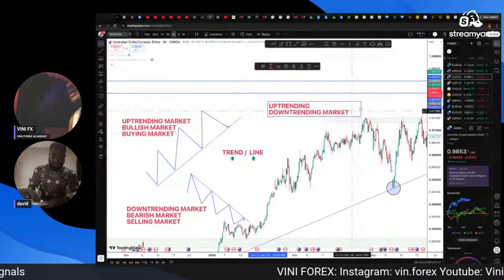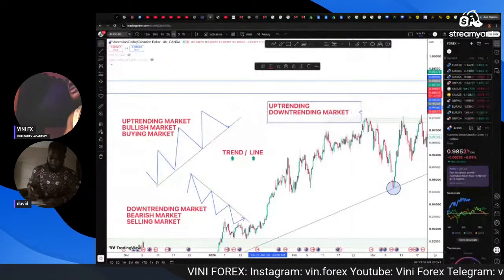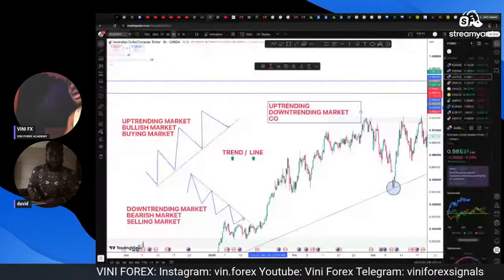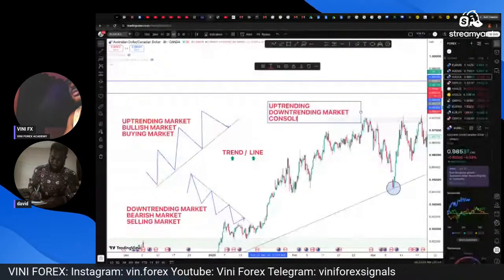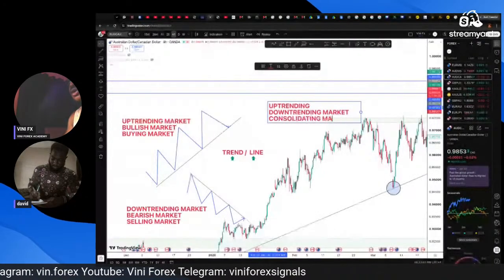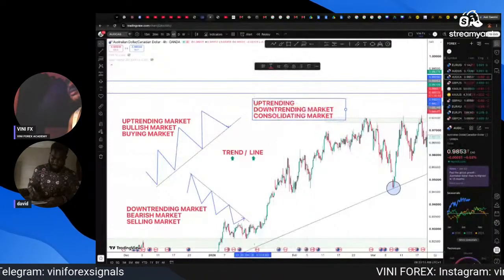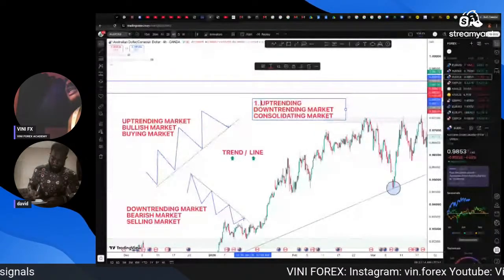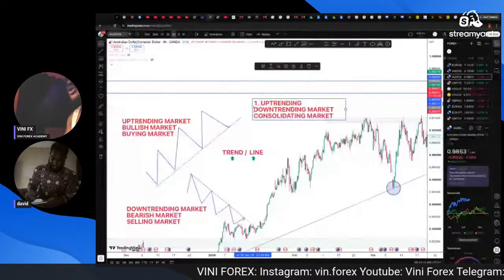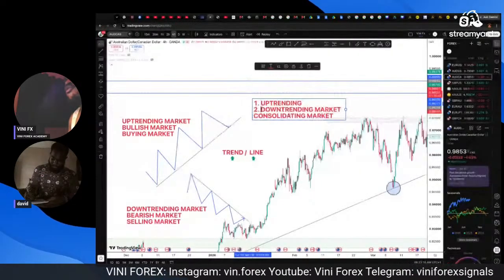And the third is what? A consolidating market. Good. So these are the three types of movement we have in the forex market.